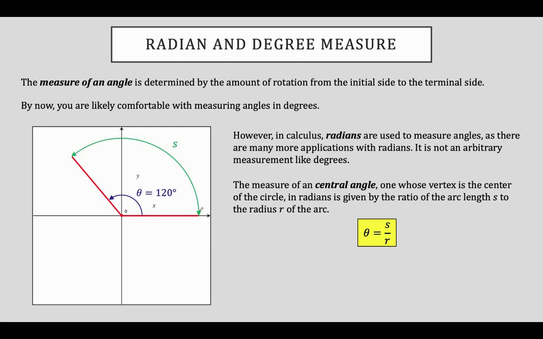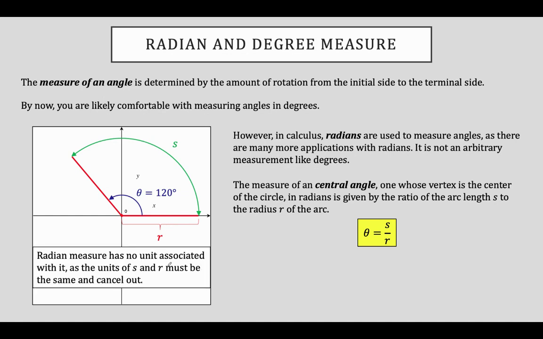Arc length being this distance here, okay, the length of the arc that we sweep out, S, divided by r, the radius of the arc. And taking the ratio, S divided by r, will give us our angle measure in radians. Radian measure has no unit associated with it, as the units of S and r must be the same, and in this ratio causes them to cancel out.